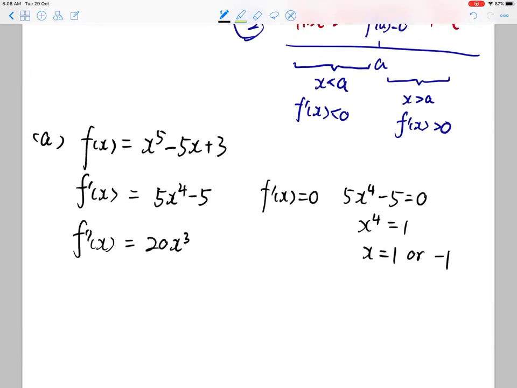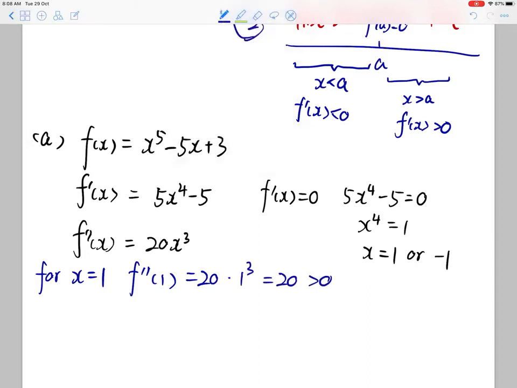So for x equals 1, your second order derivative is 20 times 1 cubed, which is 20, which is greater than 0.